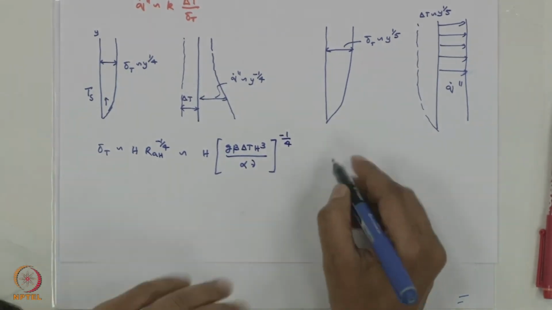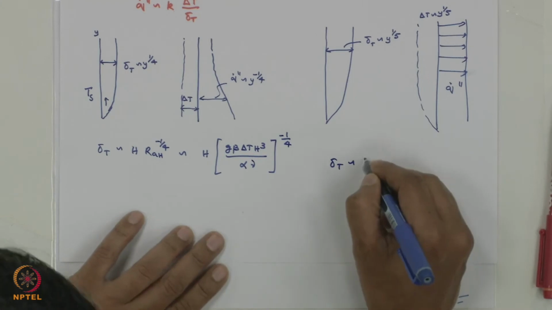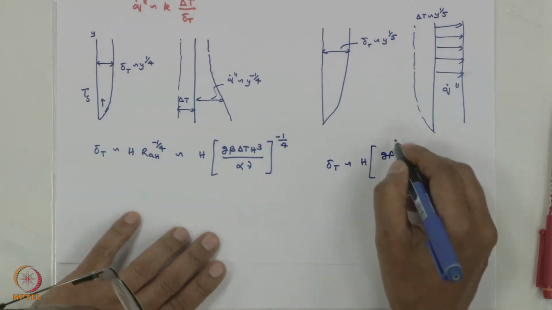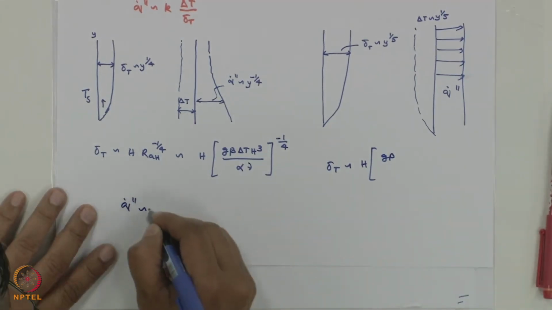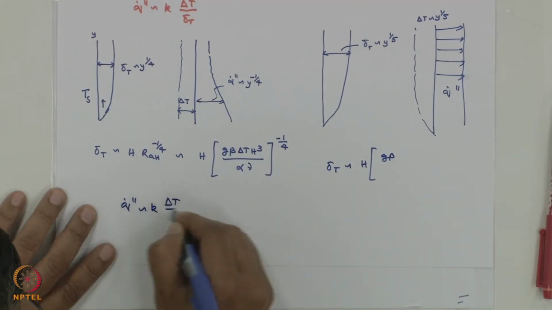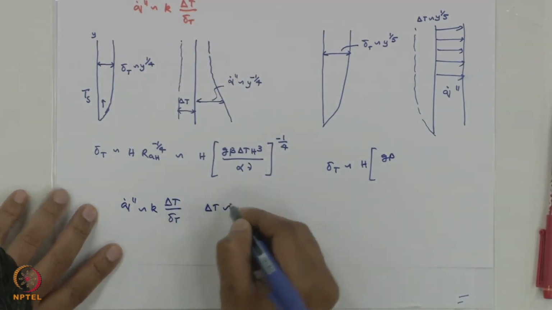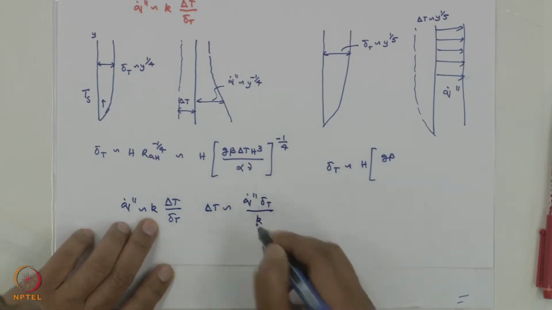So that is delta T is of the order of H into G beta. Now what is delta T? Q double dash is of the order of K delta T by delta T. So now delta T will be of the order of Q double dash delta T by K.